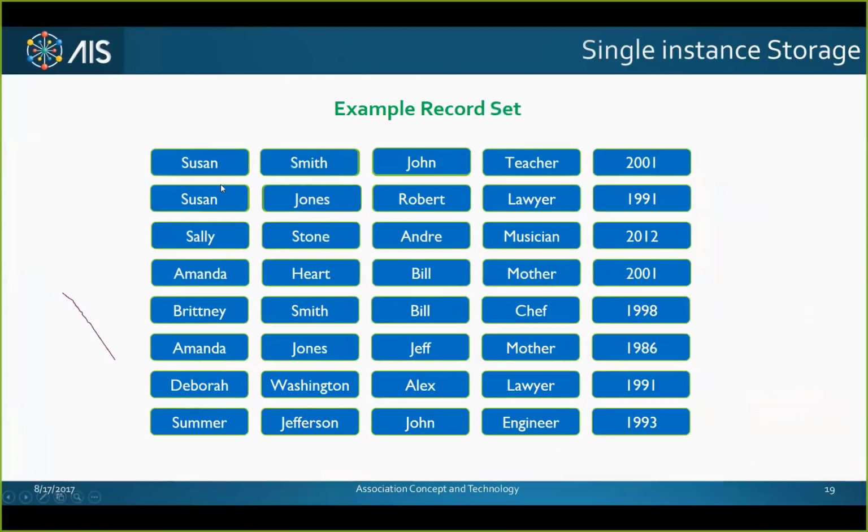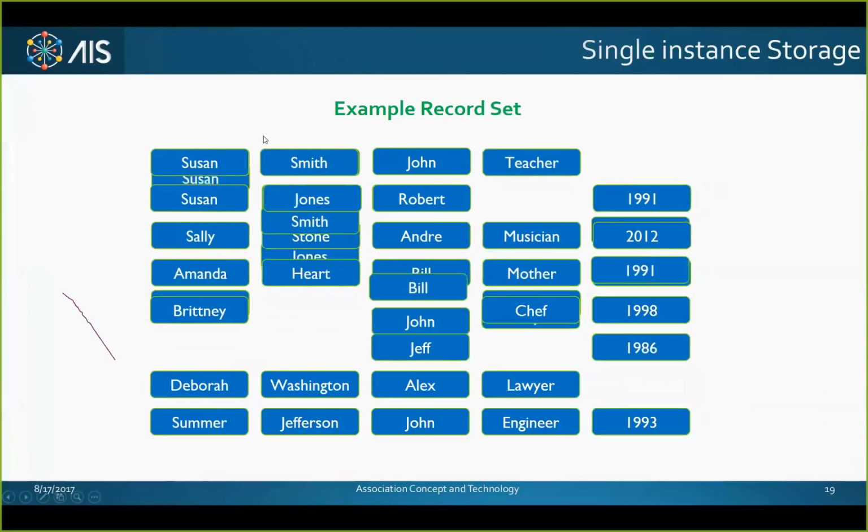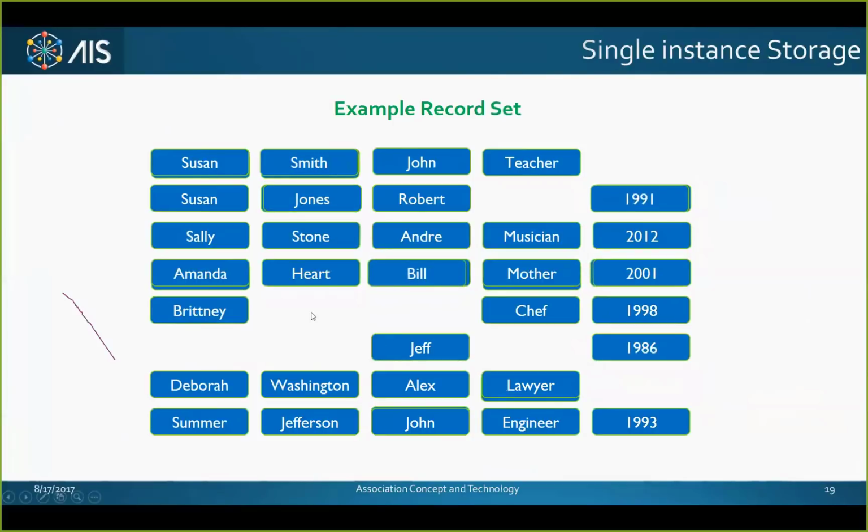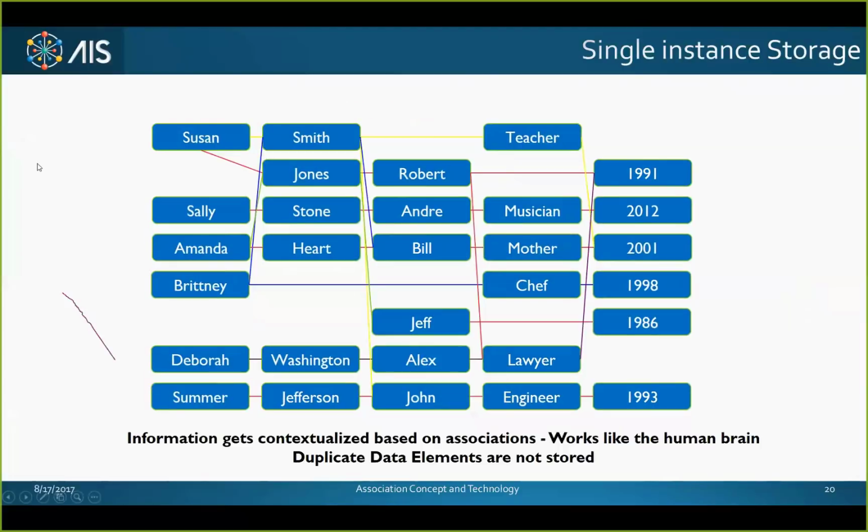So what does this mean in more practical terms? I have an example of a record set over here, which has duplicates, and we deduplicate that on a columnar basis. On a columnar basis, all of a sudden, how do you retain your records? You simply change and add the pointers.